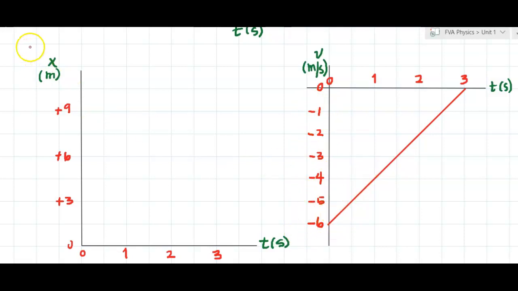So on my position time graph, I would have an initial very steep slope of -6. So remember, a negative slope is going to slope down and to the right, and it's going to be very steep. So initially we have a very steep slope. And then at 3 seconds up here, the object has actually stopped moving.